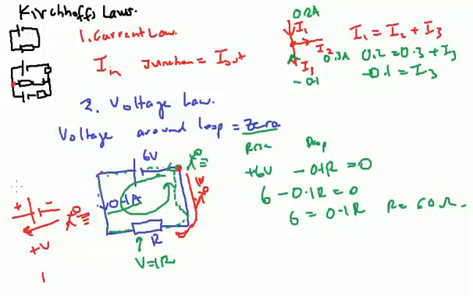The other one is, so this is example one, you're going through batteries. The other one is you're going through resistors. If you go through a resistor and you go the same way as the current, okay, if you go that way, the same way as the current, it's a negative voltage. It's a voltage drop.